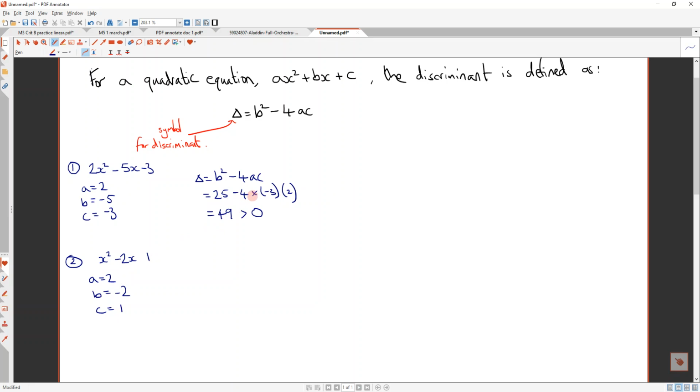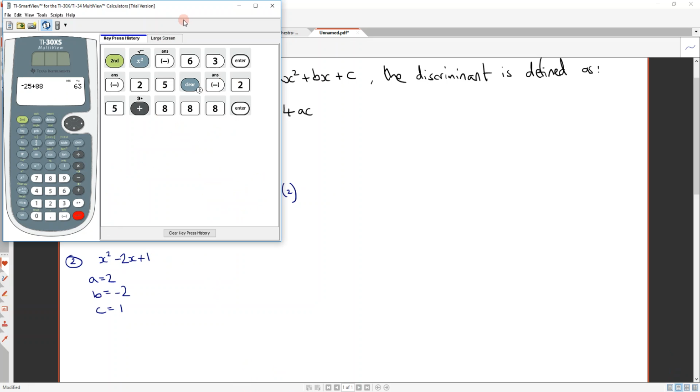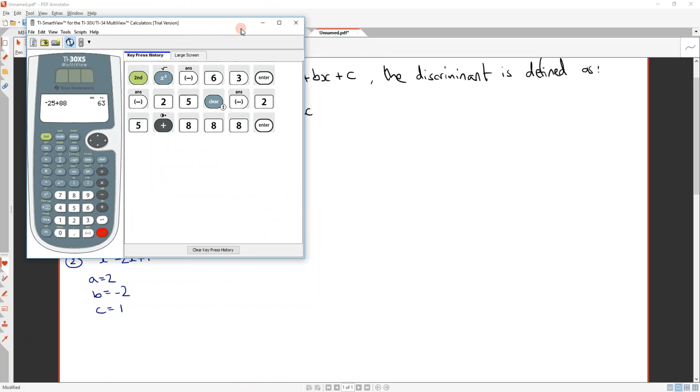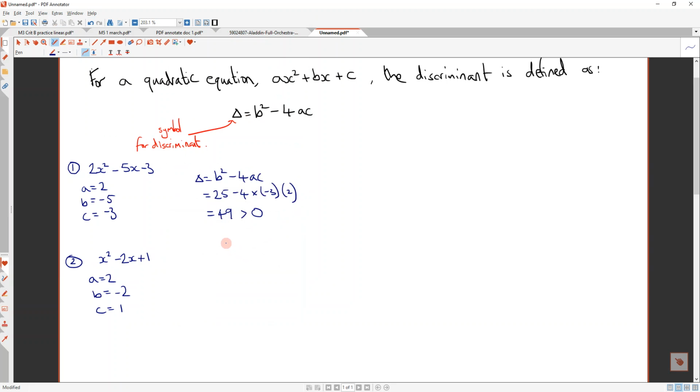Yeah, so 25, take away 4 times negative 3 times 2. Yeah? Good? Okay, so work out the discriminant for this example.